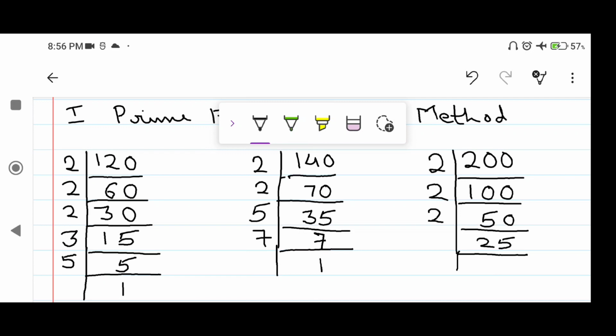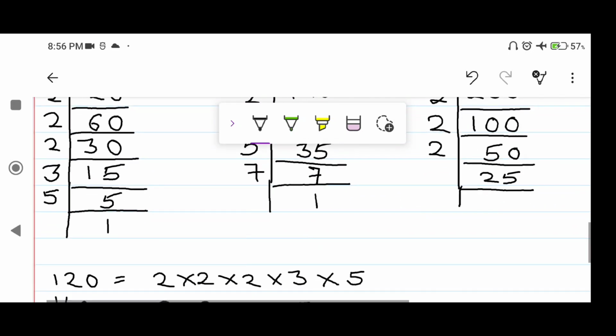25 is not an even number. So what we have to do? We have to take an odd prime number. The next prime number after 2 is 3, but 25 is not divisible by 3. We have to move to the next prime number, and that is 5. And 25 is divisible by 5. 5 fives are 25.